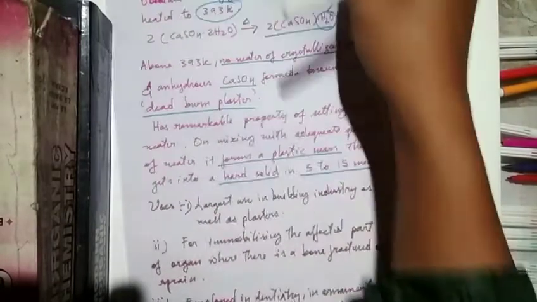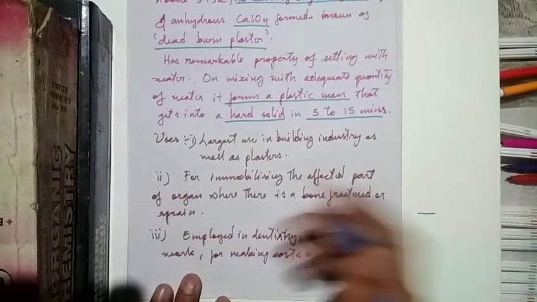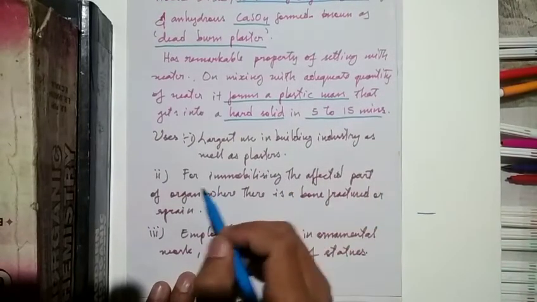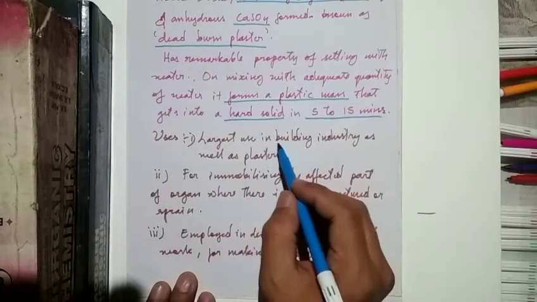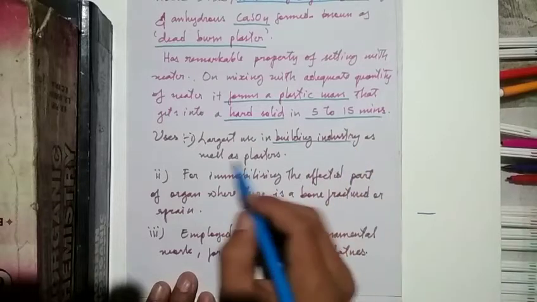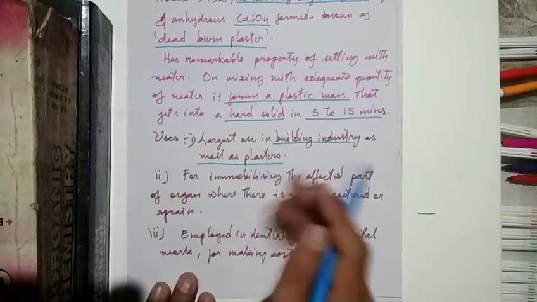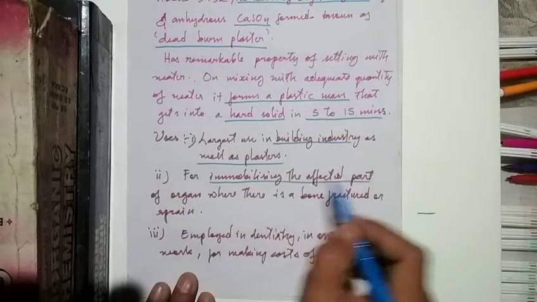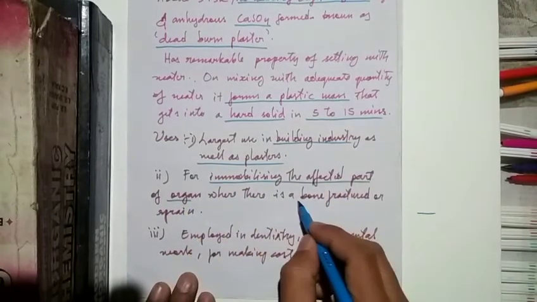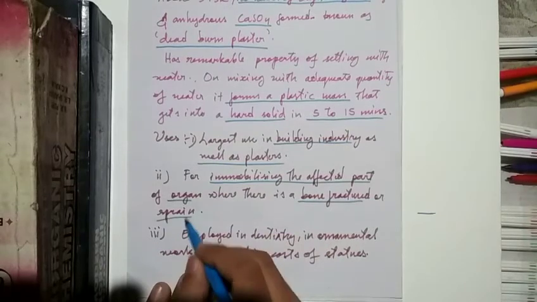Now let's see some uses. It is largely used in the building industry and in plasters. It is used for immobilizing the affected part of an organ, whether it is a bone fracture or a sprain.